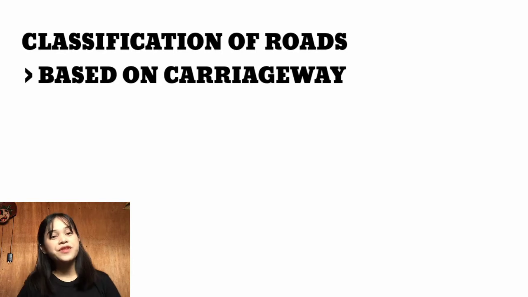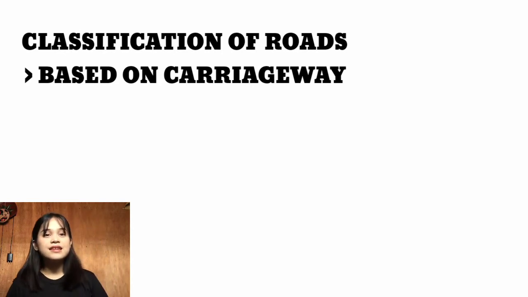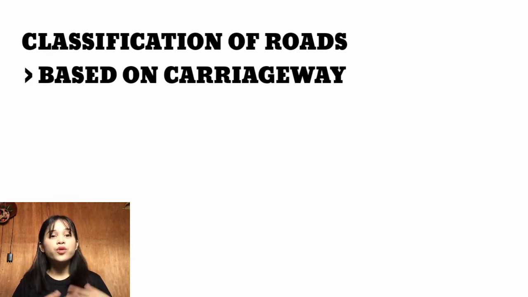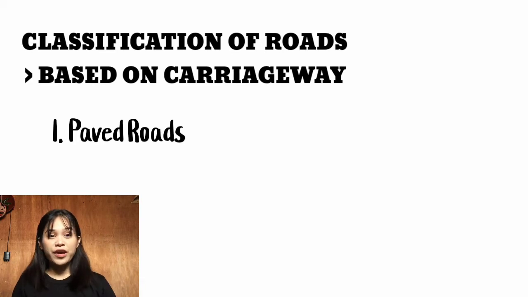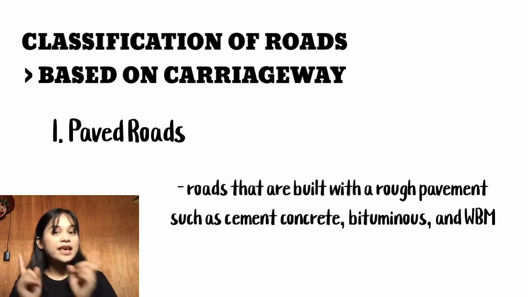The second classification of roads is based on carriageway. So based on the type of carriageway or the road pavements, the roads are classified as paved roads or unpaved roads. Paved roads are provided with a hard pavement course, which should be at least a water-bound macadam or WBM layer.